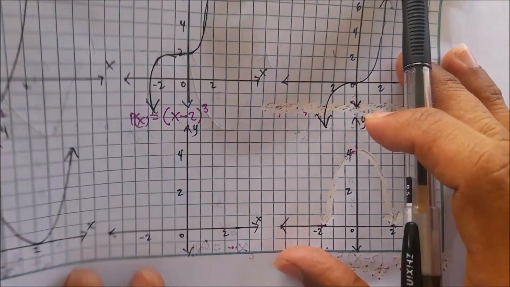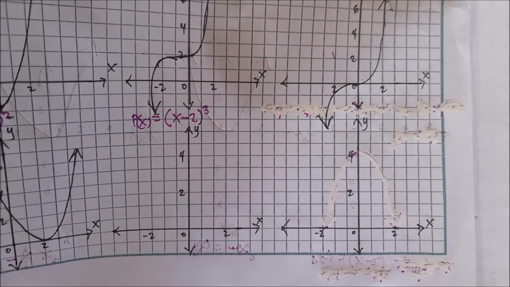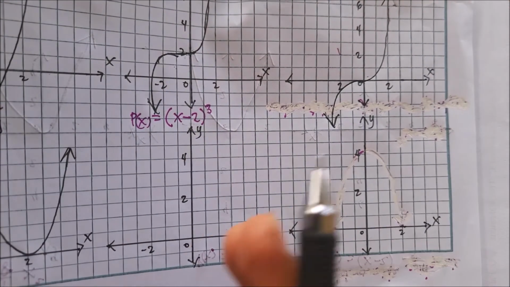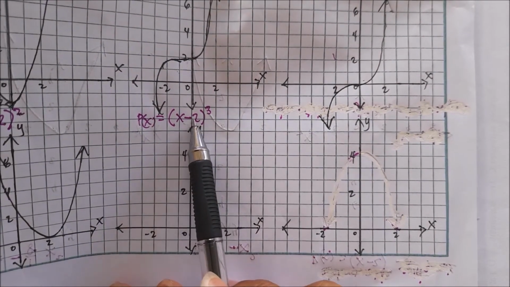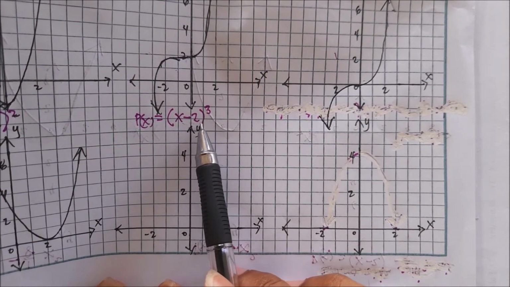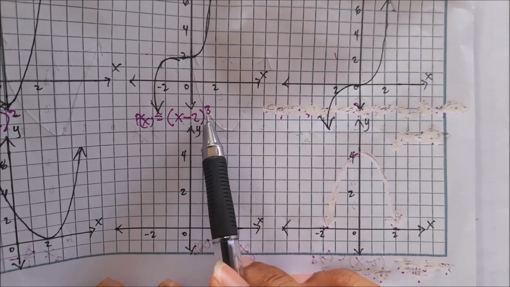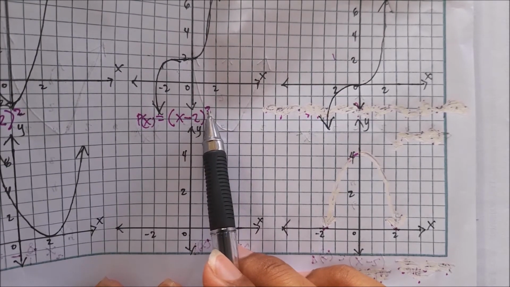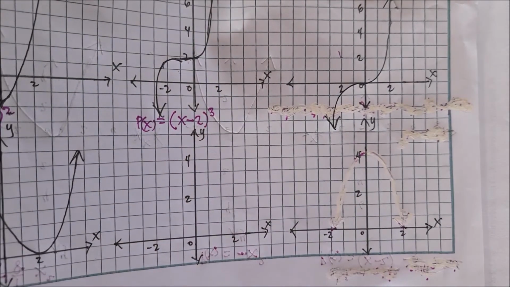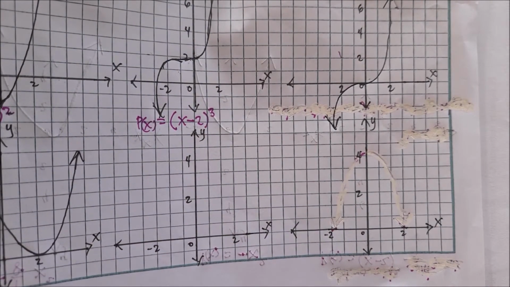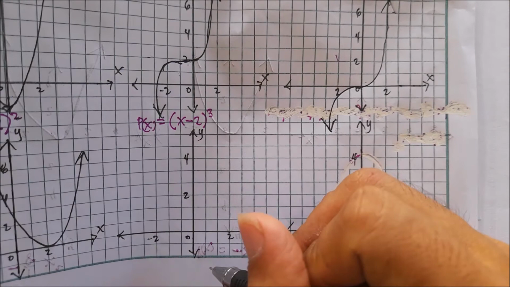How about if h is less than 0? H is less than 0, so it is located on the left side, since it is negative. Take x minus 2 raised to 3, which is an odd number. The form of the graph is this one.